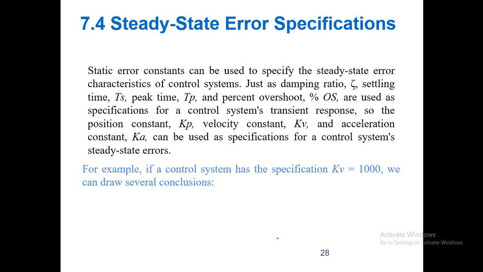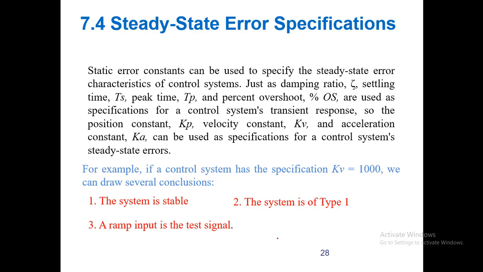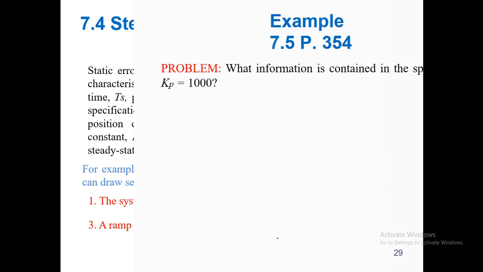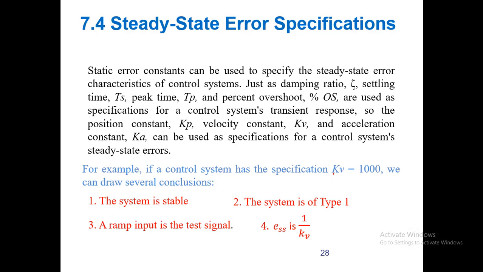So if a control system has a specification of Kv, let's say 1000, we can draw several conclusions. The system is stable, the system is of type 1, the test signal is a ramp input, and ess is 1 by Kv. Just because it was mentioned that the velocity constant was 1000, you know that the system is stable.